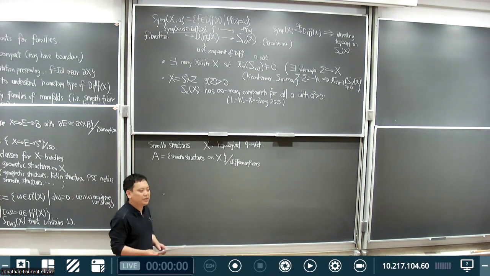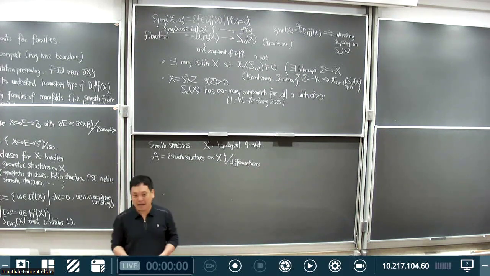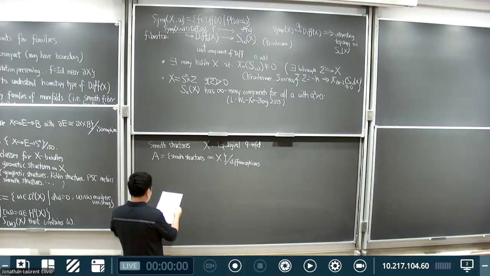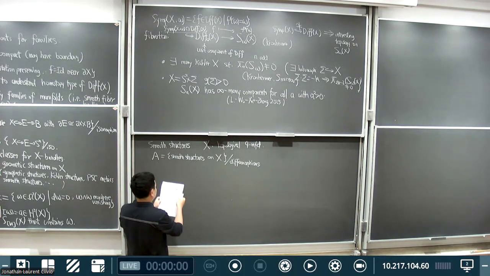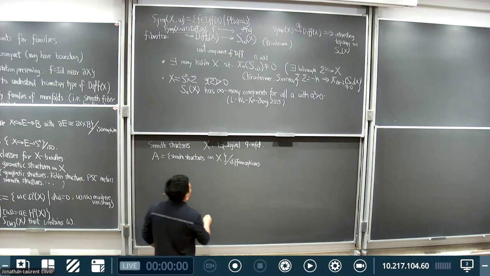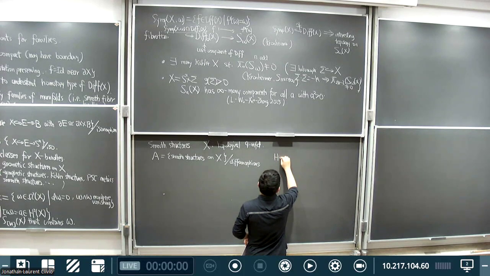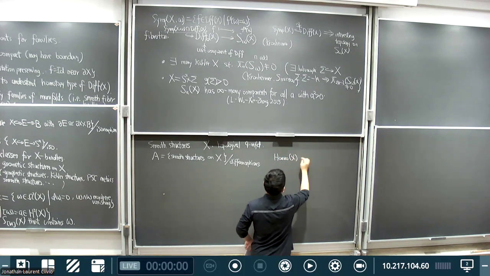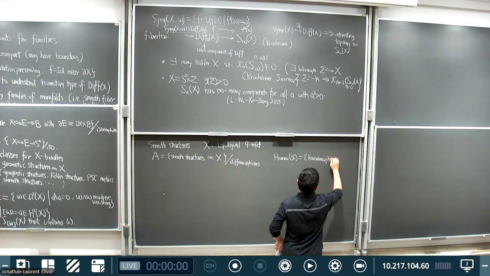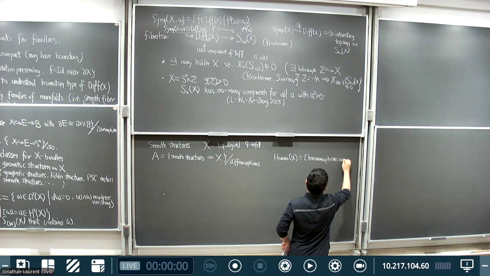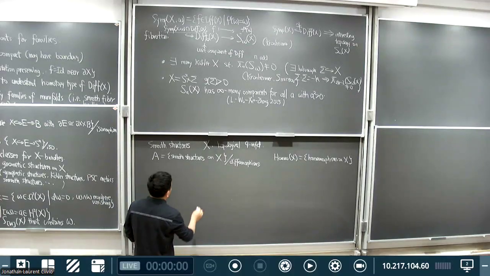But if we just want to study smooth structures, not up to diffeomorphism, how to approach that question? Let me consider the group of homeomorphisms of X. Now we can consider the following map.